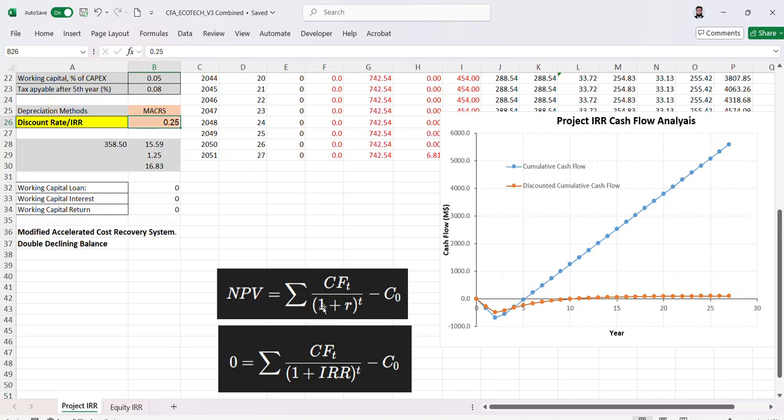So these are the 2 equations. Basically this is a single equation, but once we set the net present value to 0, then it is called IRR instead of discount rate, which is R in the top equation. So when the net present value is 0, the discount rate is named internal rate of return, or IRR.